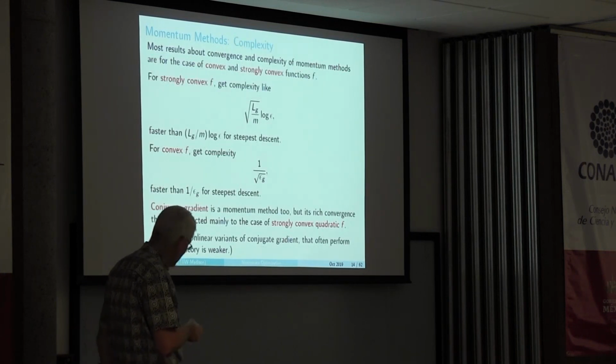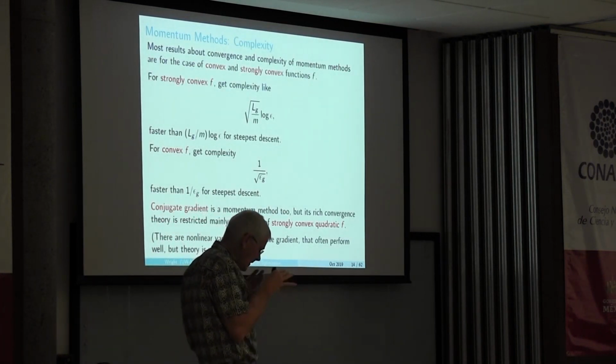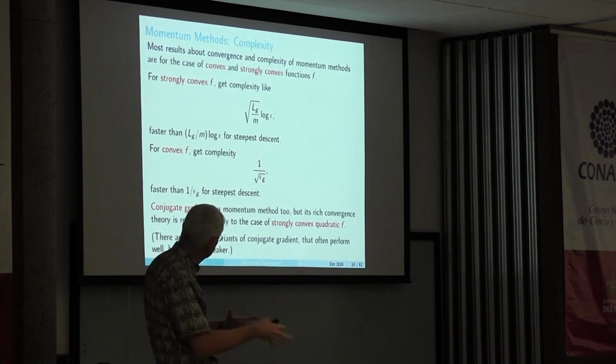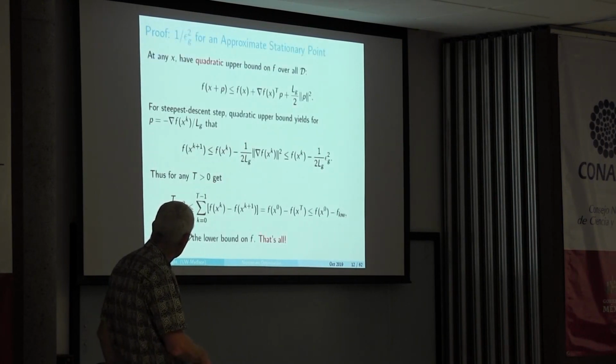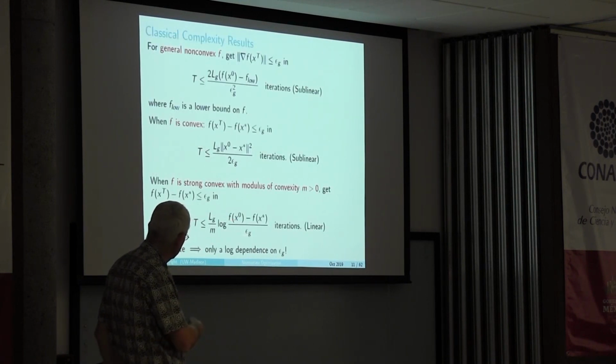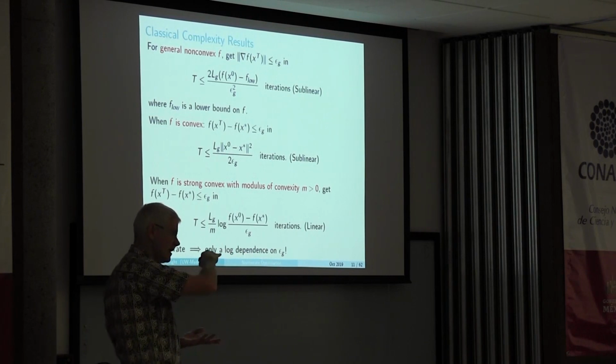Okay, so what sort of result do we get for accelerated momentum methods versus original gradient methods? Well, when you apply them to strongly convex functions, you definitely get an improvement. Remember, for strongly convex over here, we had this logarithmic dependence on epsilon, but we also had Lg over m, the ratio of the upper bound on the curvature to the lower bound.